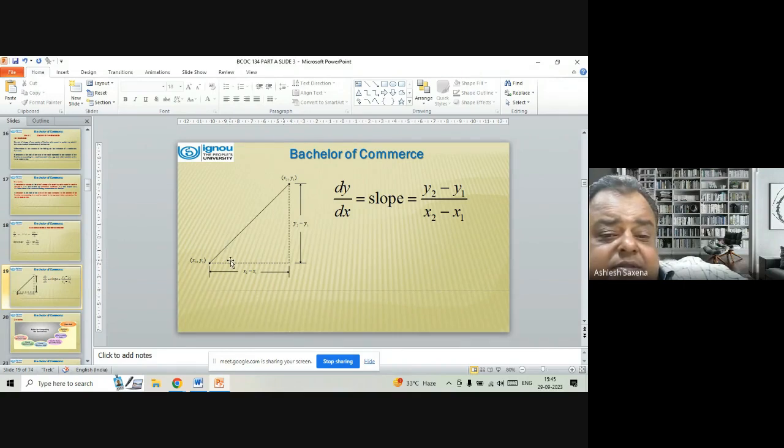We can say that this much is the slope in terms of numerical numbers. Then dy by dx is equal to slope, which is equal to y2 minus y1 divided by x2 minus x1.